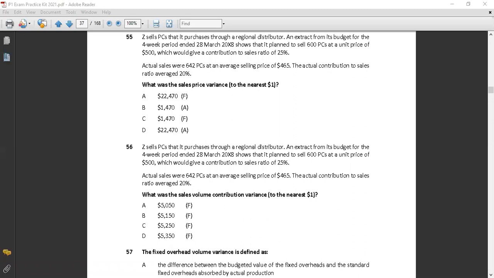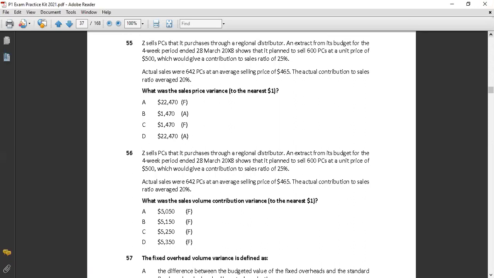Let's see this one. We have 55 and 56, both of them related to sales. So I'll copy this and then put it in the Excel sheet. 55 says that Z sells PCs that it purchases through a regional distributor and extract from its budget for the 4-week period ended 28 March 20x8 shows that it planned to sell 600 pieces at a unit price of 500, which would give a contribution to sales ratio of 25%.